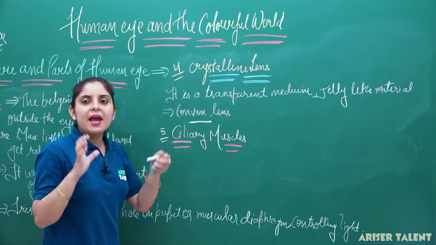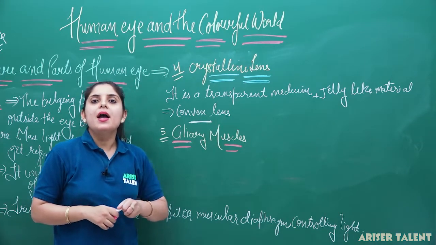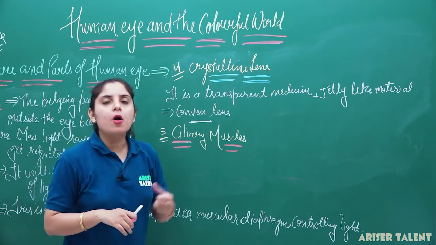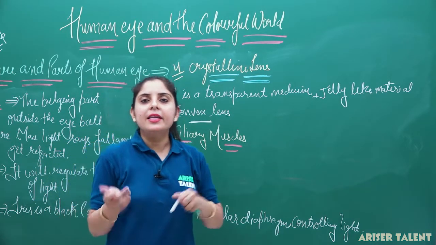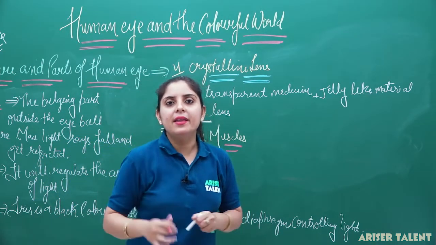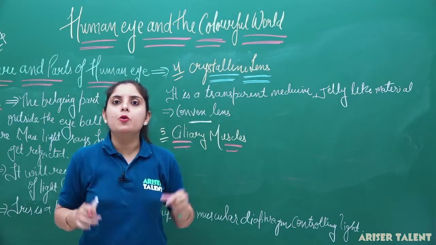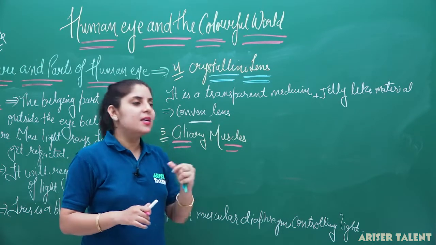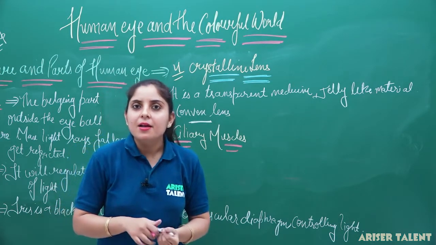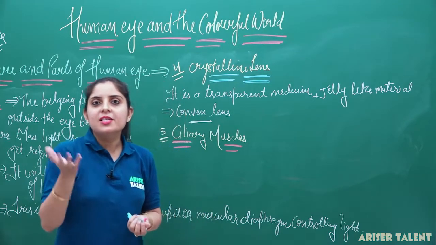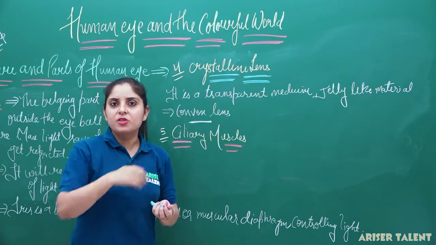Ciliary muscles are holding the lens, which is one important function of theirs, and whenever light is going to fall on the lens, the ciliary muscles accordingly contract and expand to regulate the intensity of the light. When you are in a dark room, you are not able to see the objects because of that. So, their function is not only to hold the lens, but to perform the contraction and expansion in the lens.